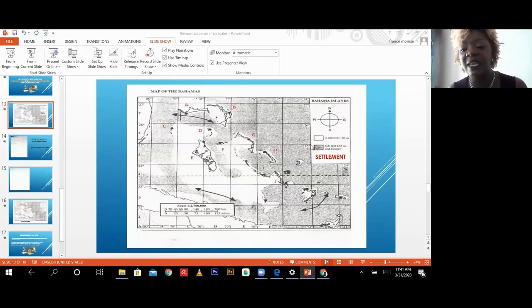Because the map key actually shows you the light area and the dark area. The light area will tell you the depth of the water, all right, which is anywhere from 0 to 600,000 feet, it looks like. Can't see it too well, right? So the lighter the area is, the more shallow the water is in comparison with the darker area, where the water is much deeper, right?